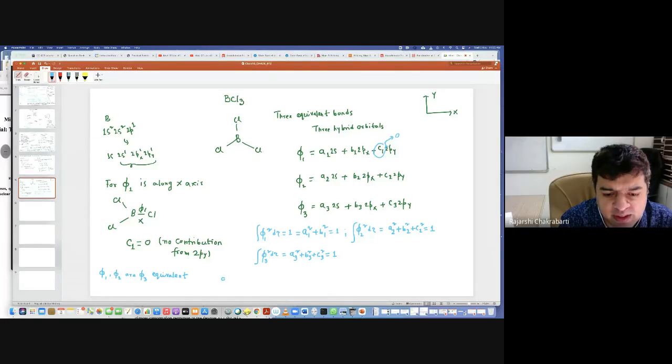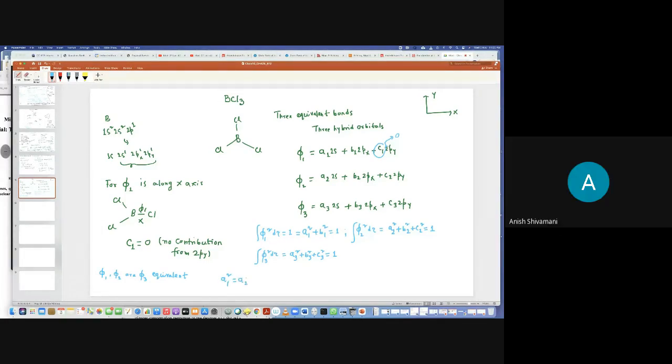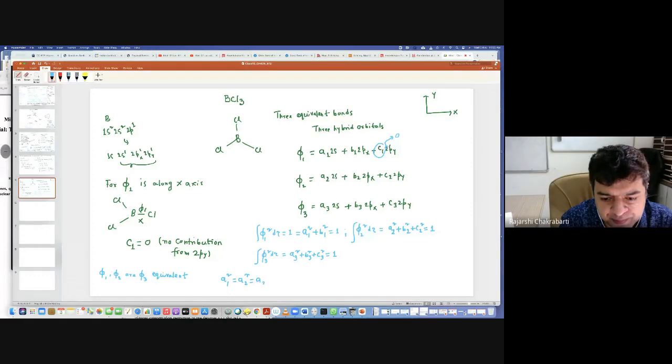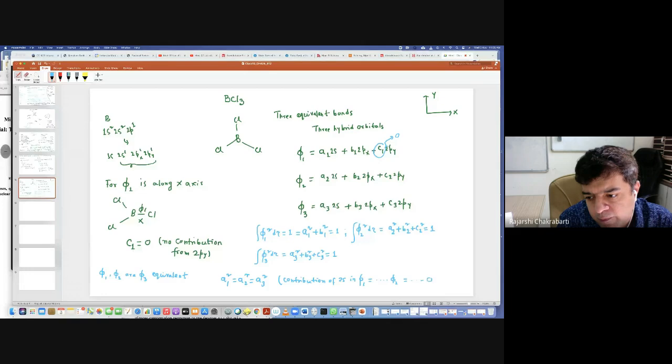A1 equal to A2 equal to A3? No, not like that. The contribution of 2s in phi 1 is equal to that in phi 2 and phi 3.